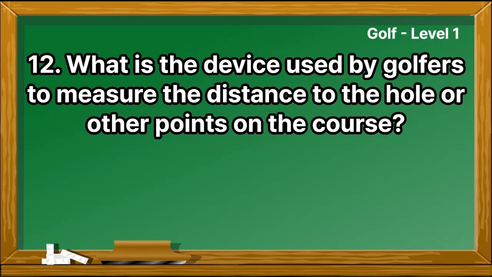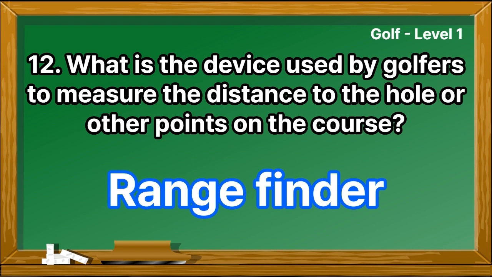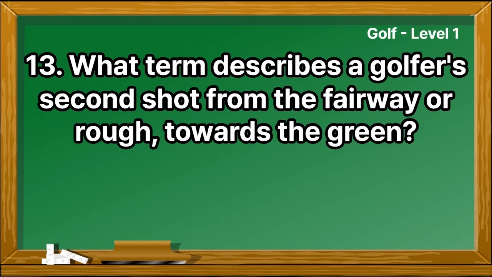What is the device used by golfers to measure the distance to the hole or other points on the course? Rangefinder. What term describes a golfer's second shot from the fairway or rough, towards the green?